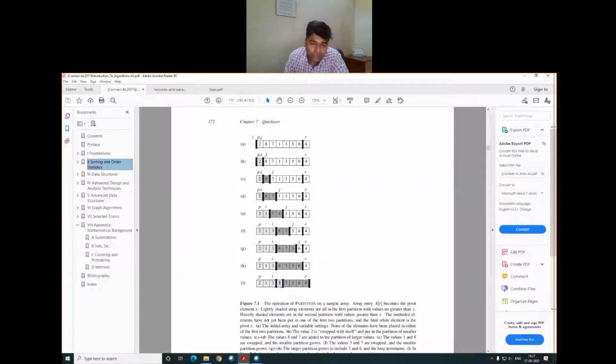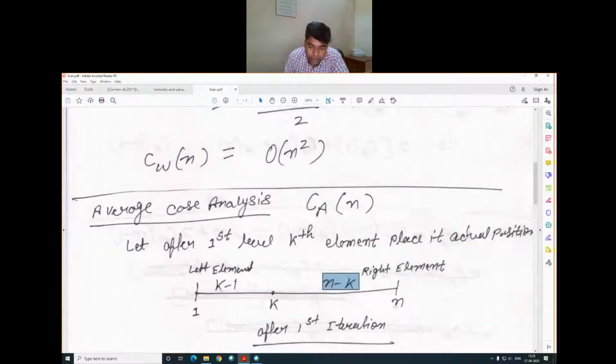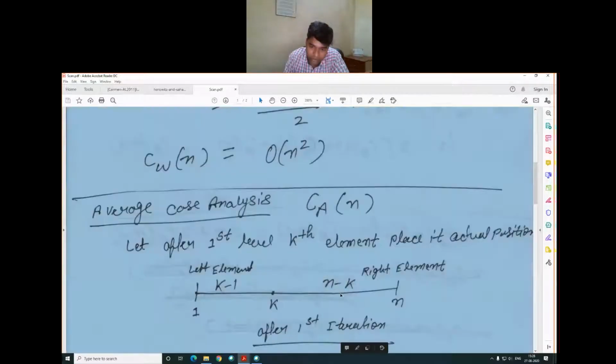On the left side there are k minus 1, which is 3 elements, and on the right side 8 minus 4, which is 4 elements. So n is 8 and k is 4, and in our example the left side has 4 minus 1, 3 elements, and the right side has 8 minus 4, 4 elements.